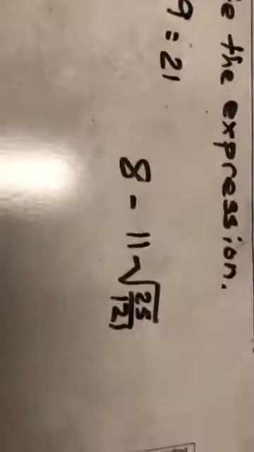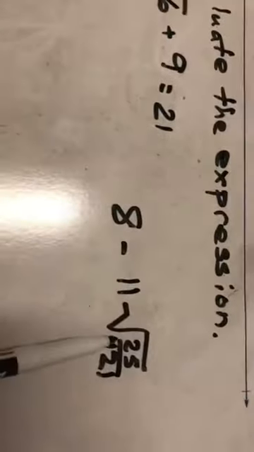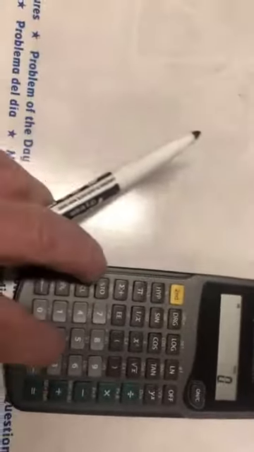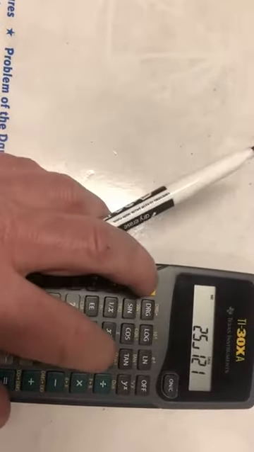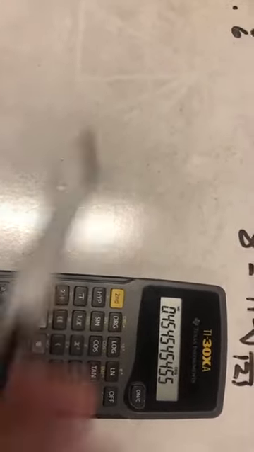Now, we want to remember what happened last time when we had a fraction and a square root. So, once again, we want to see what exactly is going to happen here. So I'm going to go ahead and plug in 25 over 121 and the square root, and there we go, a bunch of repeating decimal, 0.454545. I don't want that.